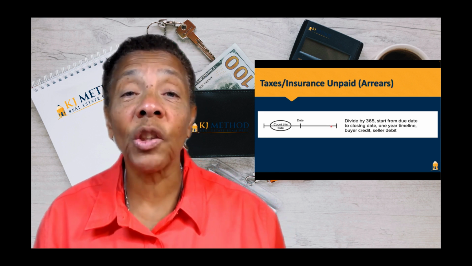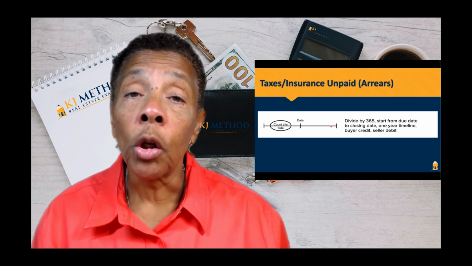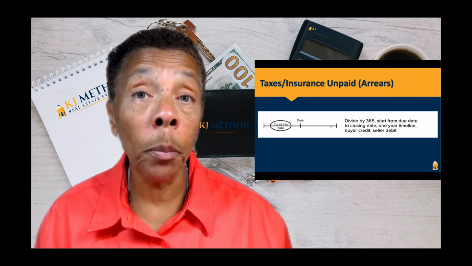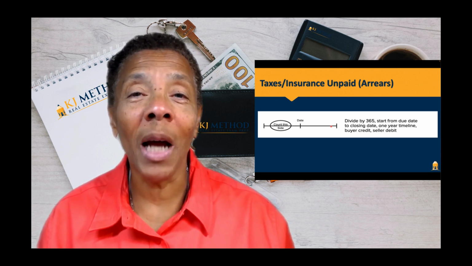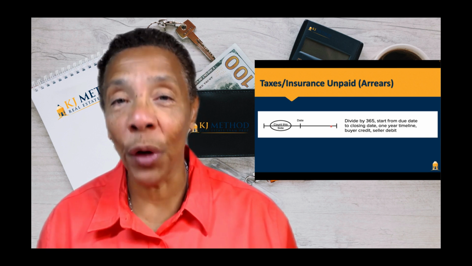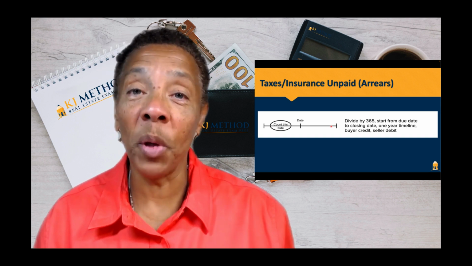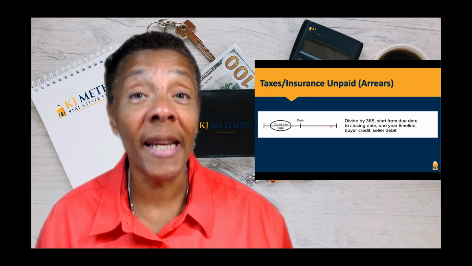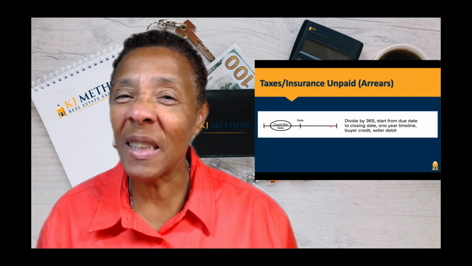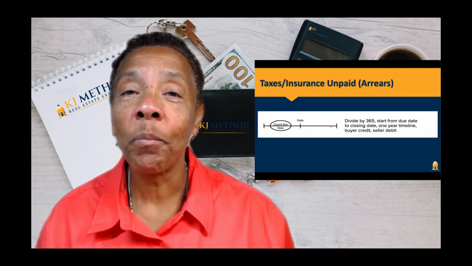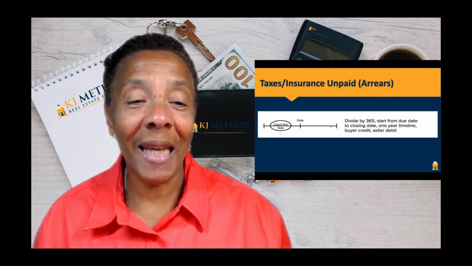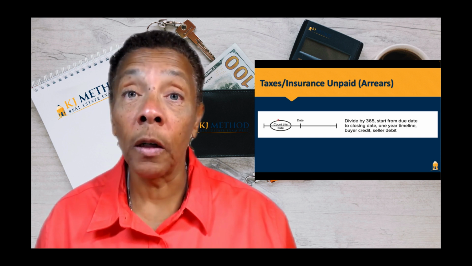How about taxes or insurance unpaid? You're only going to assume unpaid if the test question says to you unpaid. The other terminology they use is arrears. Arrears just means billed backwards. It hasn't been paid yet. And so if it hasn't been paid yet, let's think about it. The seller's been living there, but they haven't paid it yet. So let's count this side of the timeline.